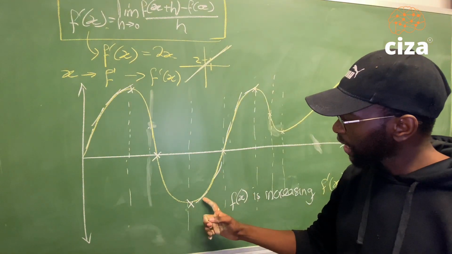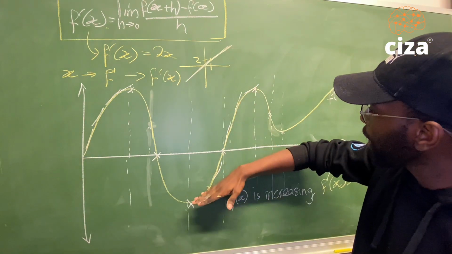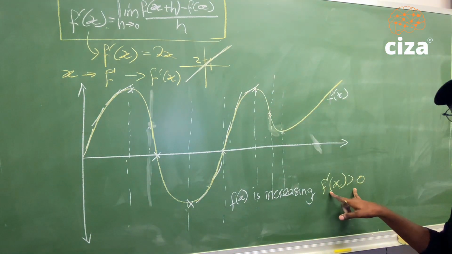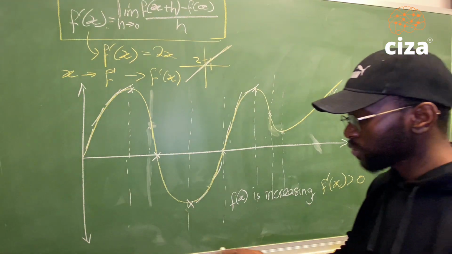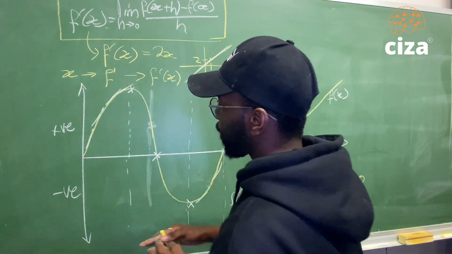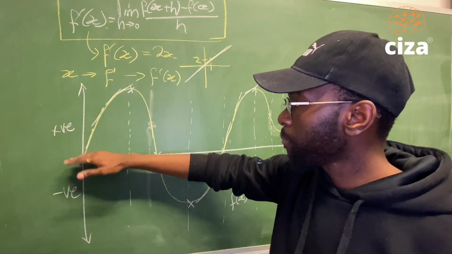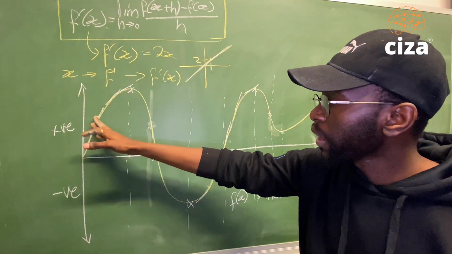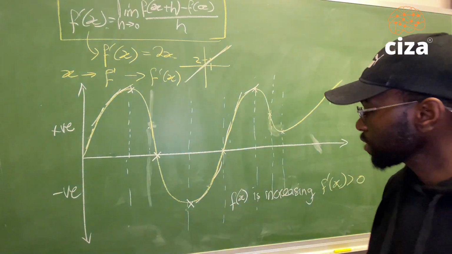So if these gradients are all positive everywhere where the function increases, our derivative function will have positive values, meaning it will be above the x-axis. So we will find our function above the x-axis only where our original function is increasing.